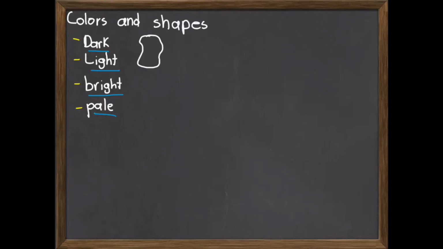Dark and light are two opposite colors. Dark means that it's more towards the black end of the spectrum, like that. That's a dark brown color. And light, it goes more towards, well, there's more light, so that's a light brown color.